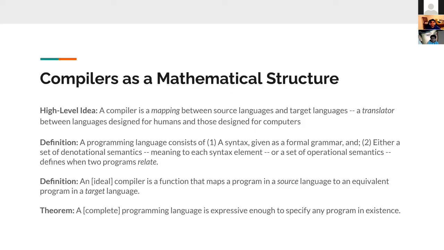There are rules to create a valid program, and there's a set of semantics. Semantics, at a very non-rigorous, hand-wavy level, define how programs relate to each other. If you have one program and another program, can you combine them to create a third program that's equivalent to the first two?